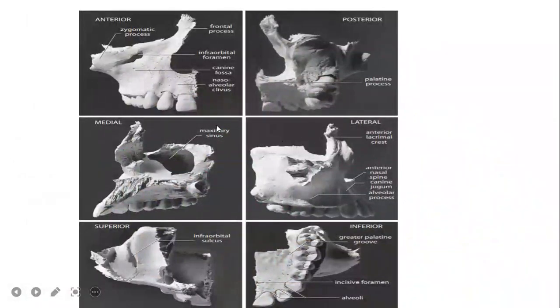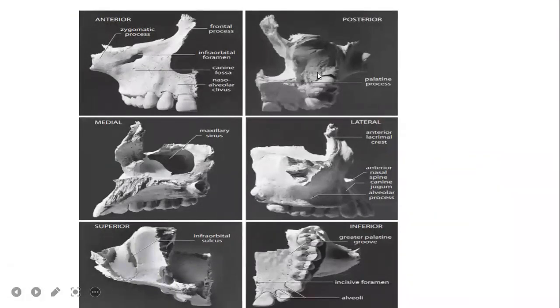This is the bone itself, the maxilla, in anterior view. You can find structures including the zygomatic process right there. We have the frontal process, infraorbital foramen, canine fossa, and nasoalveolar clivus.